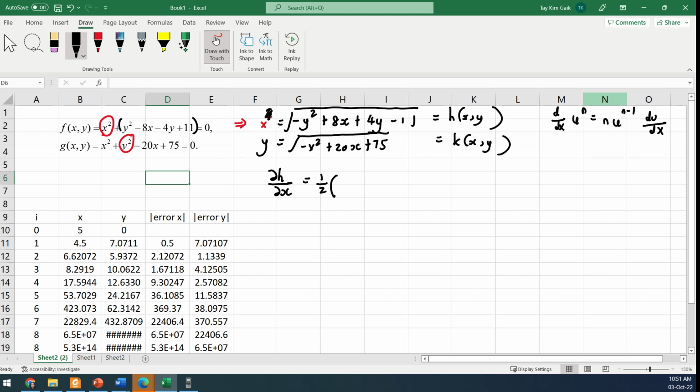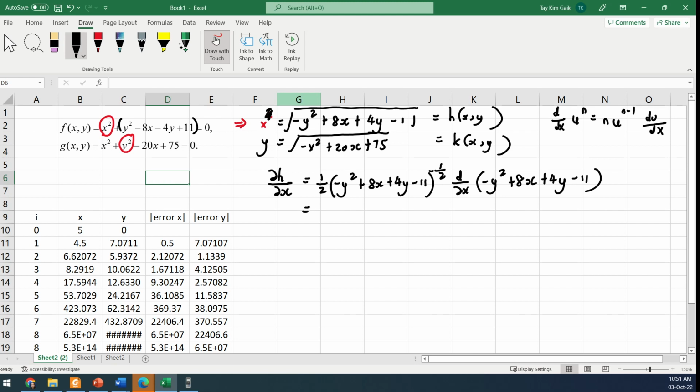So power half minus 1 is negative half: negative y squared plus 8x plus 4y minus 11, to the power negative half. And then you differentiate negative y squared plus 8x plus 4y minus 11 with respect to x.